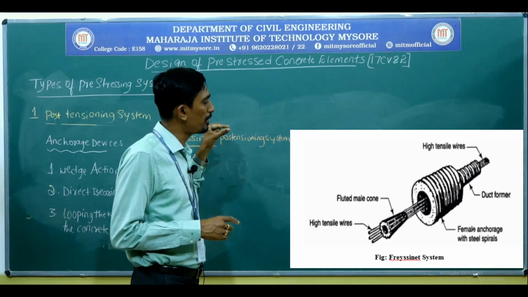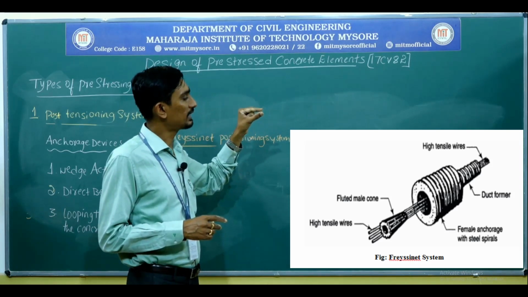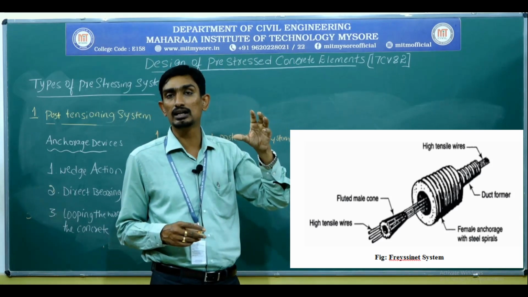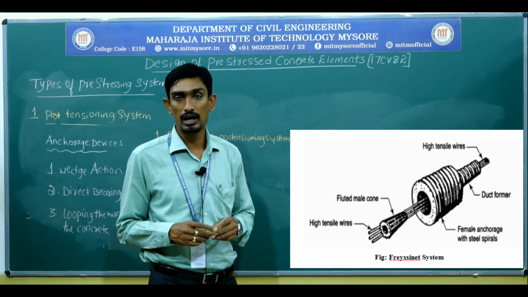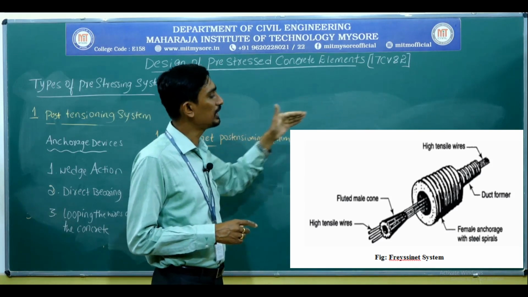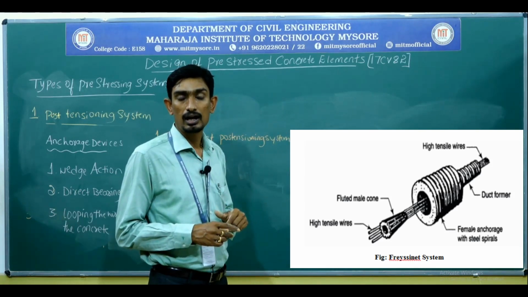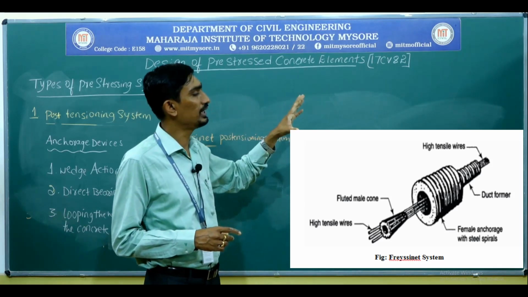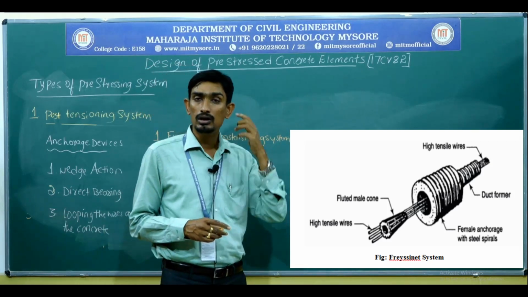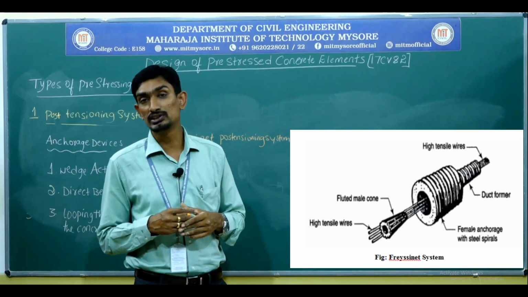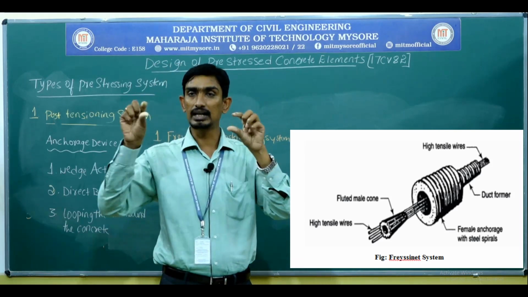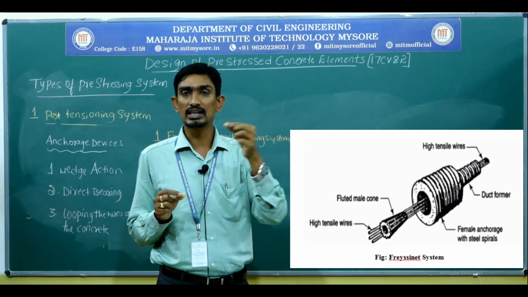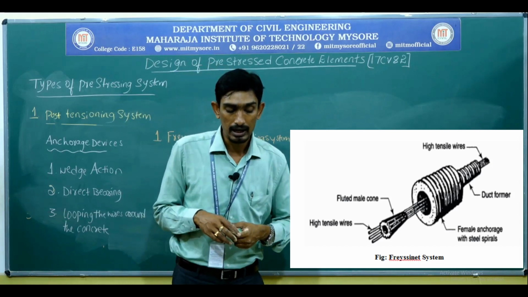Those high tensile wires pass through the wedges, and again through that cylindrical container with the conical shape. Finally they go through the duct former, and it will be anchored. This is how the system has been developed for the function of post-tensioning: one cylindrical container and one conical steel wedge, through which the high tensile wires are passed and anchored.